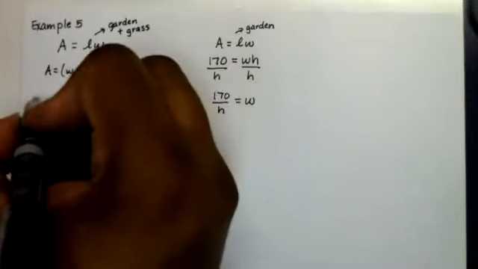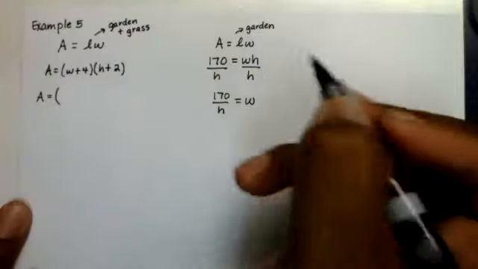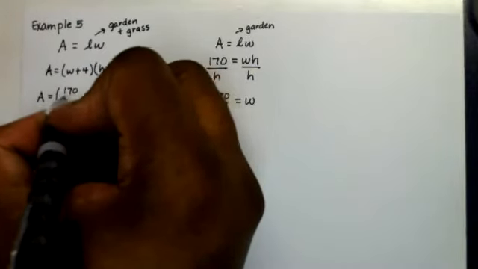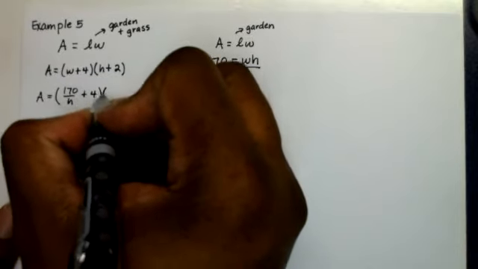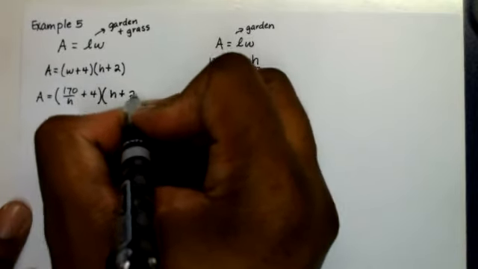So this will be A is equal to 170 over H plus 4 times H plus 2.